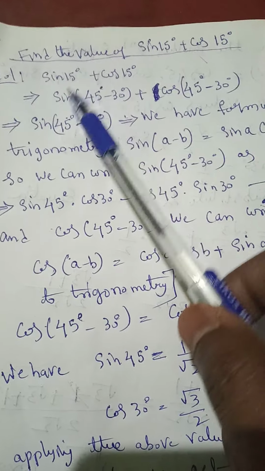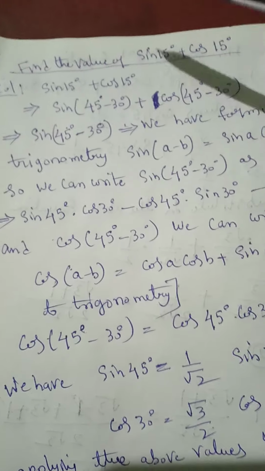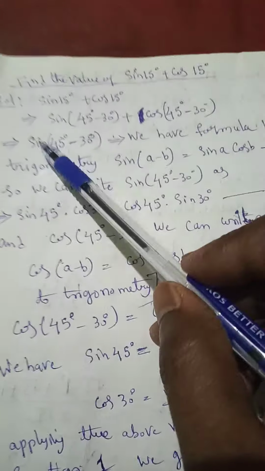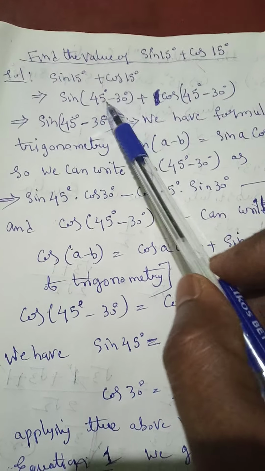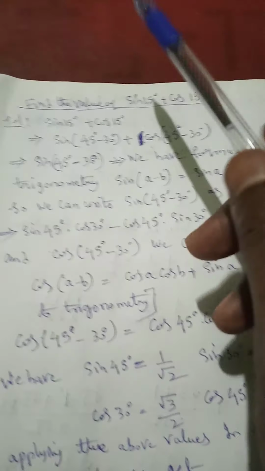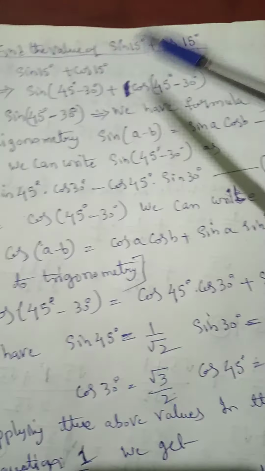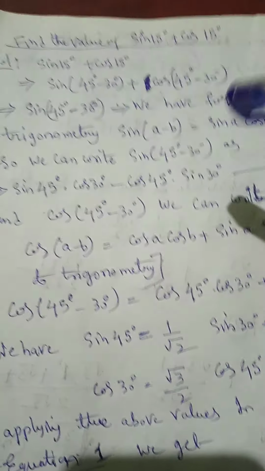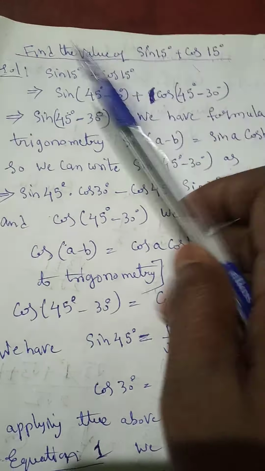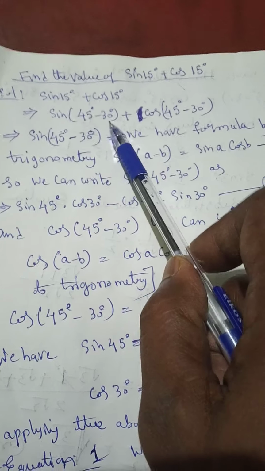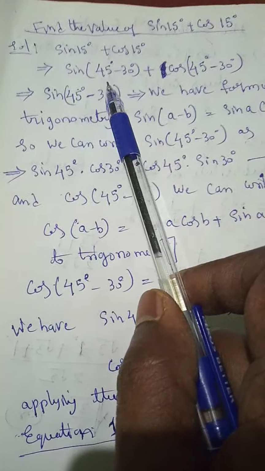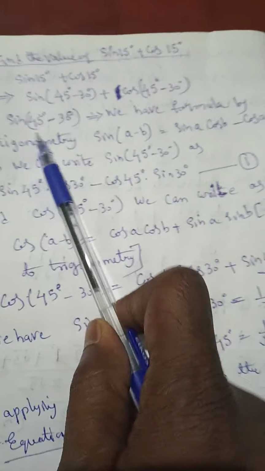We have the formula in trigonometry for sine of a minus b, but for sine 15 there is no direct value. So to use that formula, we have to write this 15 as 45 minus 30. So sine 15 is sine of 45 minus 30.